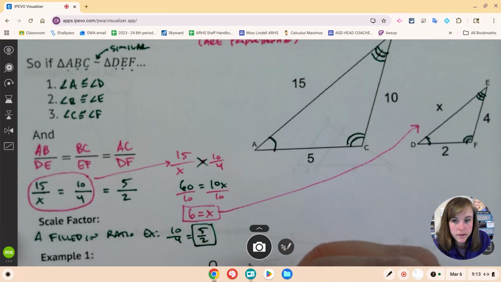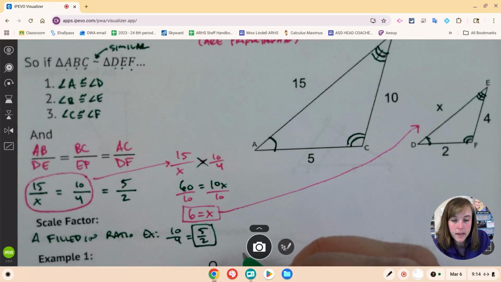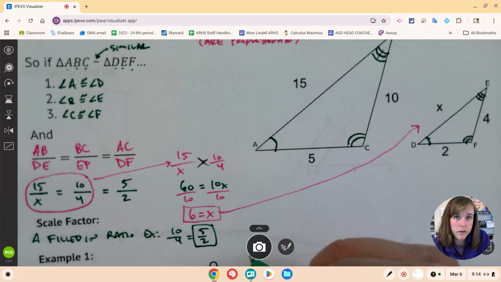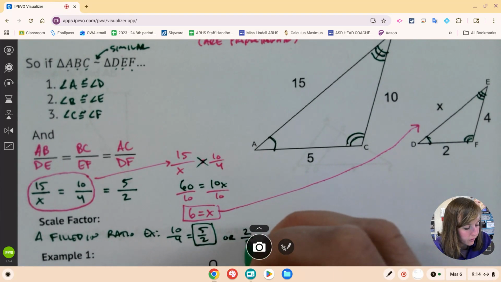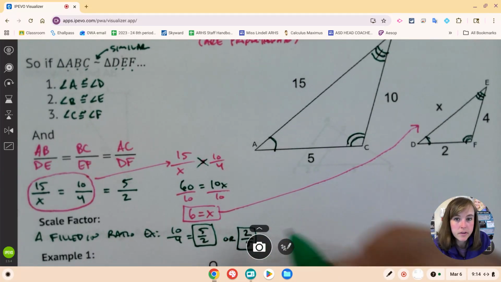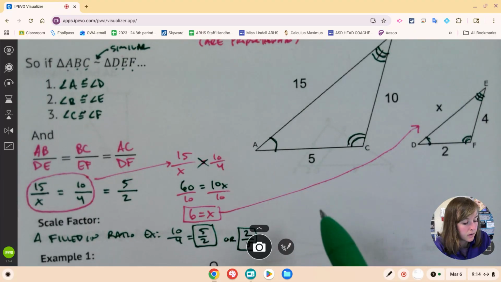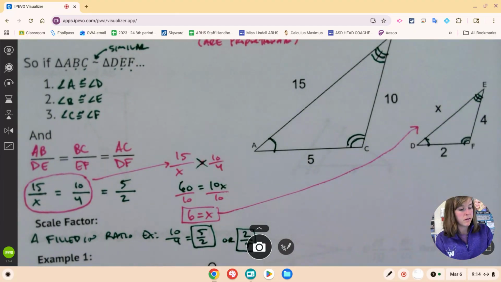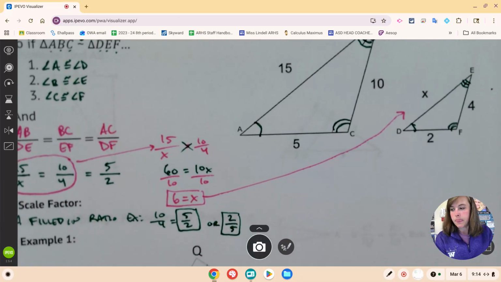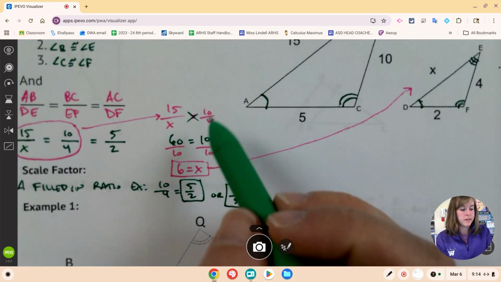So that would be the scale factor. You could also flip it over, and that would be the scale factor. And the way that you use them will be different depending on what you're trying to find. So 2/5 could also be the scale factor between these two shapes. Using the scale factor is another way that we could solve for this missing side. And sometimes it will be easier to do it that way, and sometimes it will be easier to do it this way.